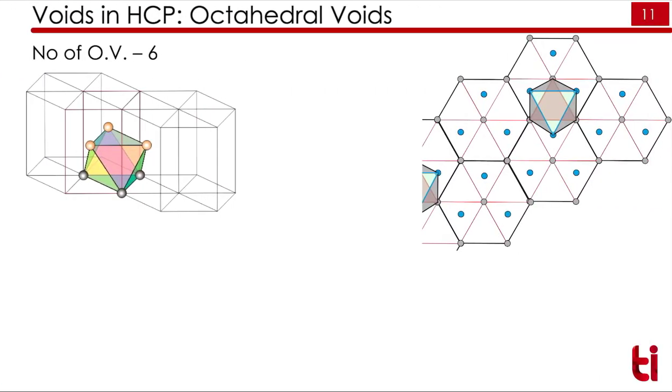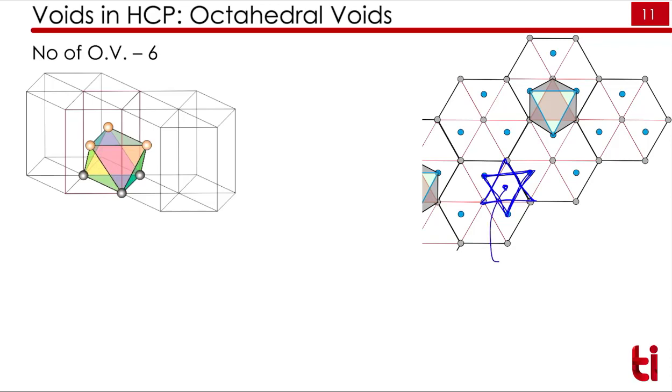The octahedral voids in HCP is equal to 6, and that is in between the faces of 2 hexagonal unit cells, and that is formed like this. I will show it here. If you count these 3 atoms on the top plane and these 3 atoms on the bottom side, if you place an atom in between, that will touch 6 other atoms.